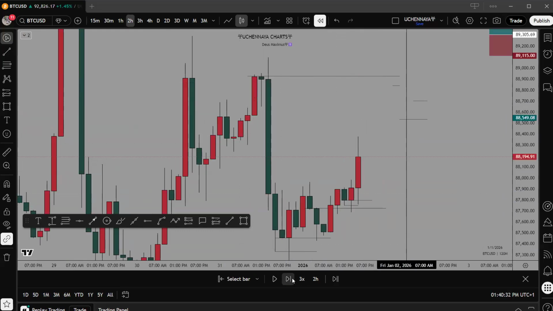Bro, don't do that. Stick to the plan. Your setup will always form. It just boils down to your ability of knowing when to start buying, when to stop buying, when to start selling, when to stop selling. So that is just it.